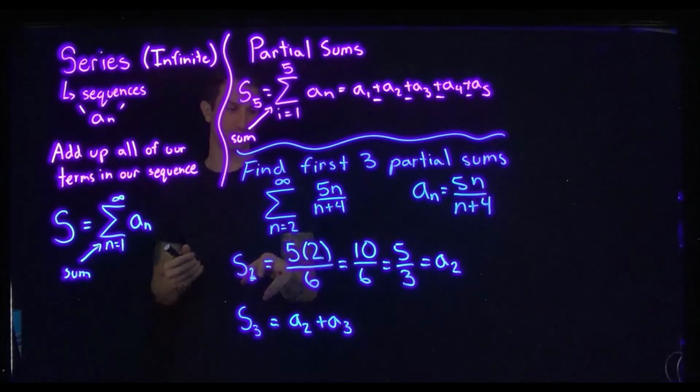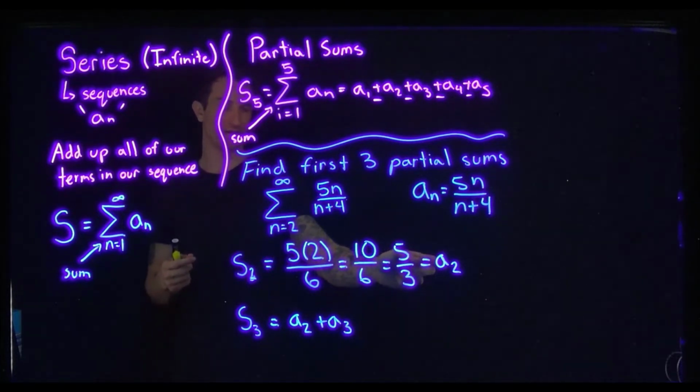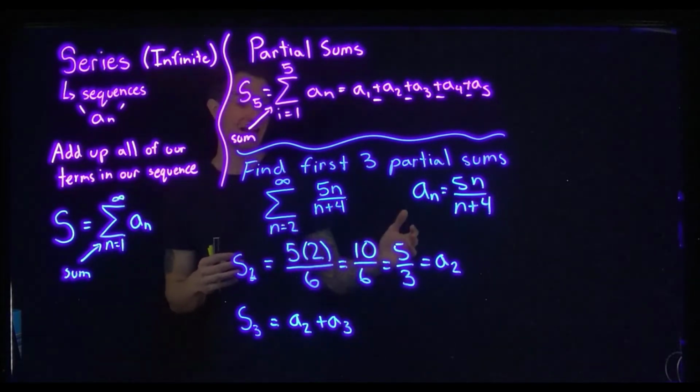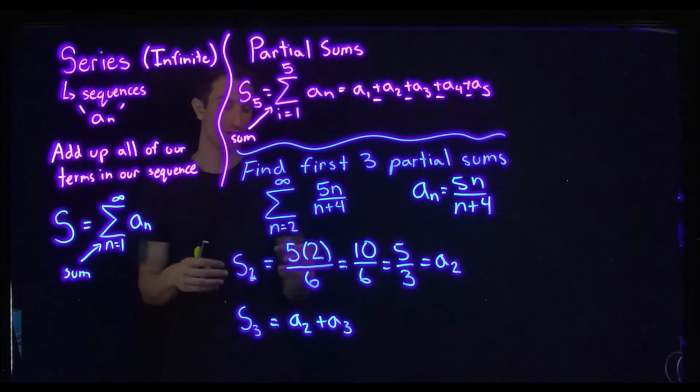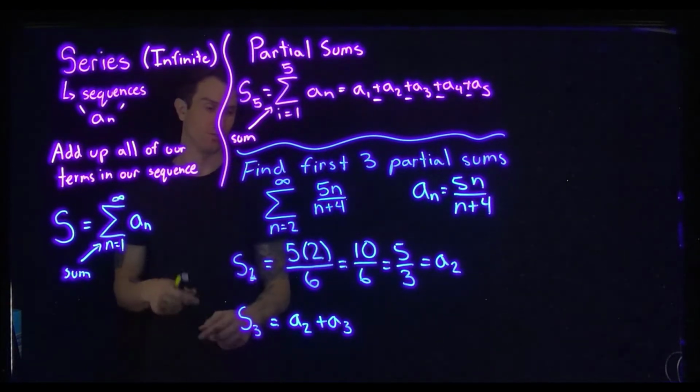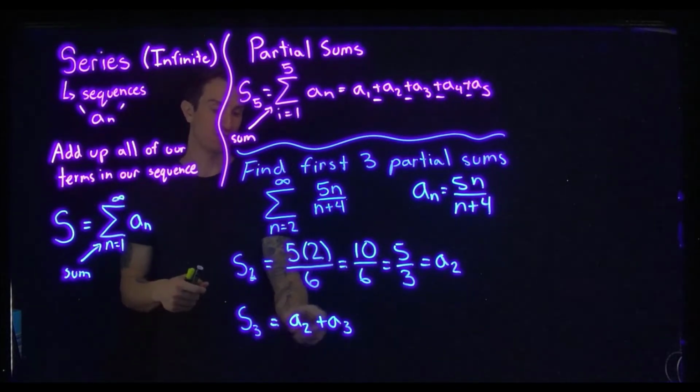So S sub 2 in this case is just the first term, A sub 2. I plug in 2, 5 times 2, I get my 10, 2 plus 4, I get my 6. I make this simplification, and since it's my first term, I have nothing else to add it to. So there's nothing to sum up. Once I get to S3, the partial sum with n is equal to 3, now I have to add A2 plus A3.